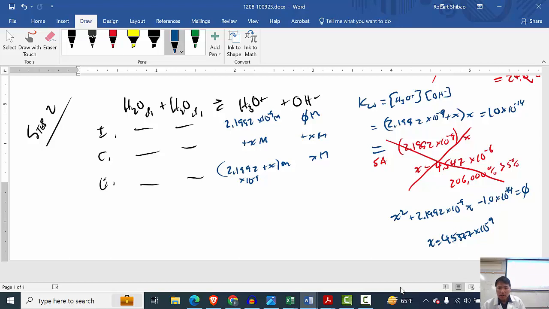And so I'm going to get 2.1992 times 10 to the minus 9 plus 4.5337 times 10 to the minus 9. Maybe I'll just go 4 decimal places here.